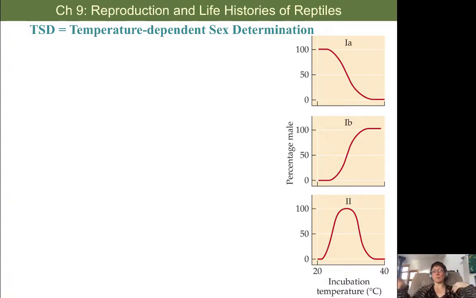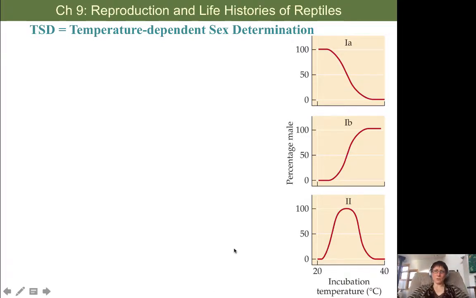One may be high and one may be low, or vice versa. Whereas in type 2, you have a relatively normal distribution of temperatures in the nest. The median or mean temperatures produce primarily males, and the extremes at the low and the high end of the incubation temperatures produce females.